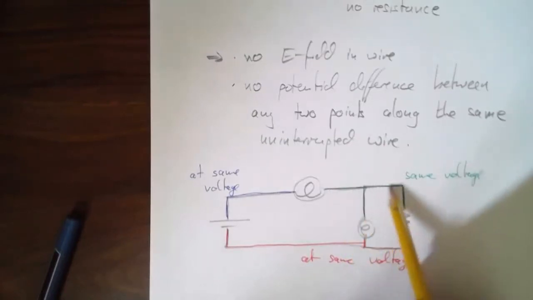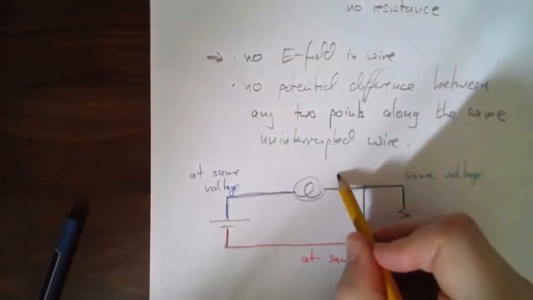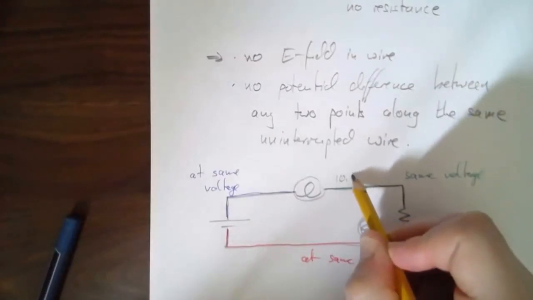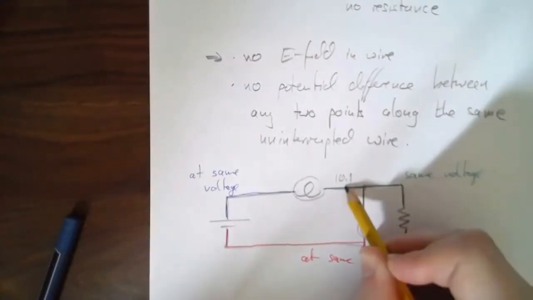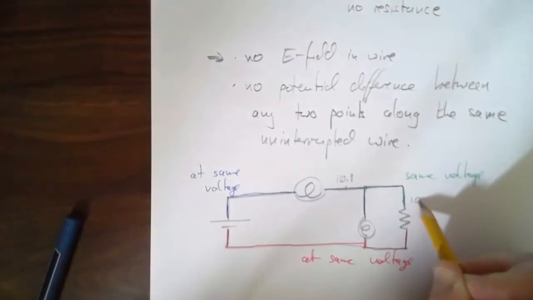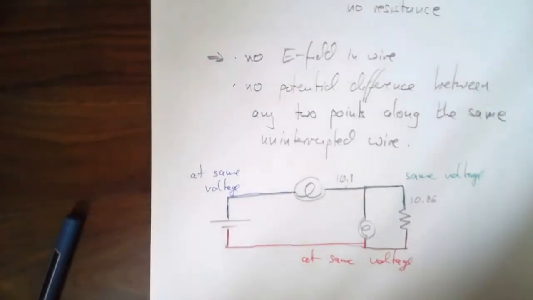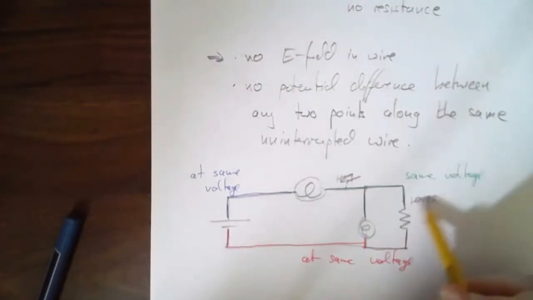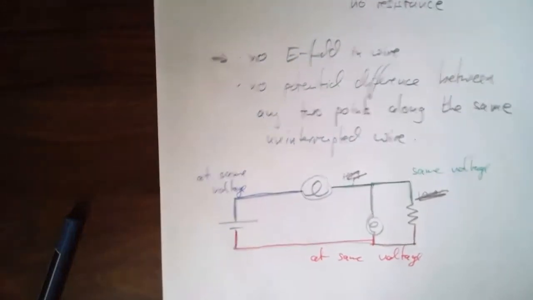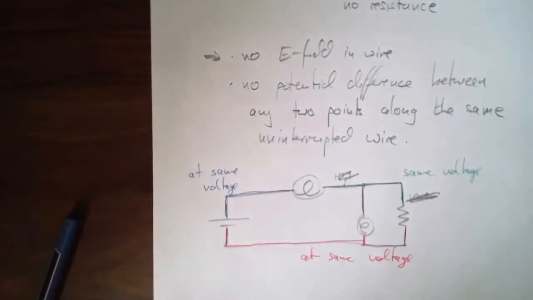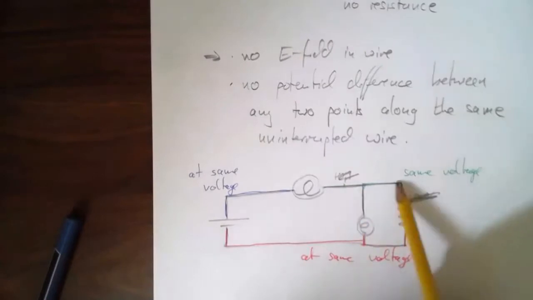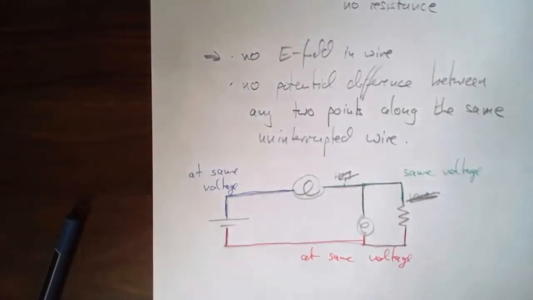It won't all be perfectly at the same voltage. So maybe if this is at 10.9, then this piece over here would be like 10.86 volts, something like that. These are just examples of non-ideal circuits. In our case, we're going to assume our wires are ideal, so that they're really all the same voltage.